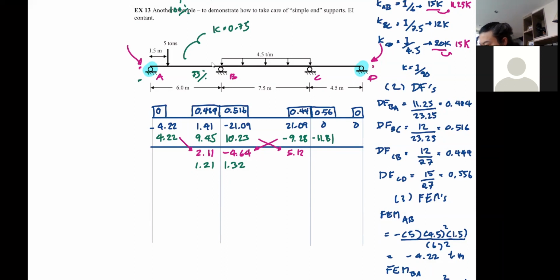There's no need to hurry. And we move to joint C, you need minus 5.12. So using the distribution factor, you get this equal to minus 2.25. This is minus 2.87. Then you're done.